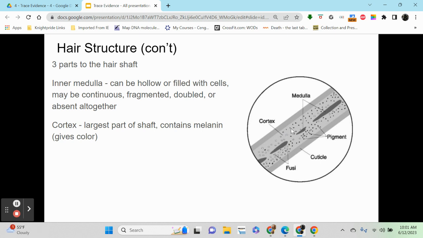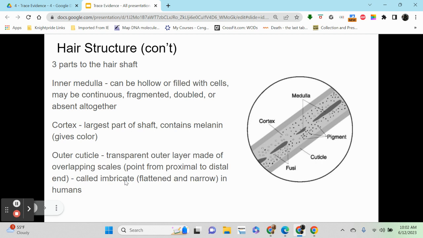Now, we all know that you can change that. Individuals that have colored hair, that dye has been absorbed by the hair to some degree, and so that changes the way it's going to appear. But again, still useful, obviously, from a forensic standpoint.